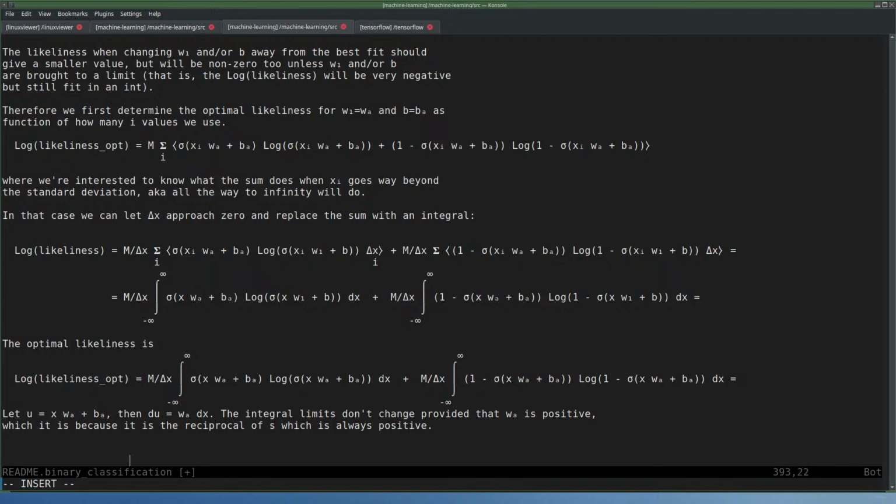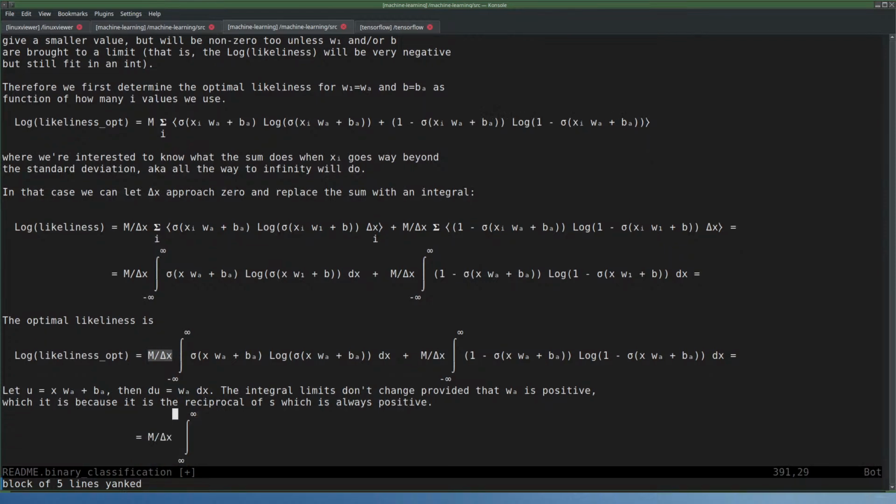So in that case we get, so dx is du divided by WA.